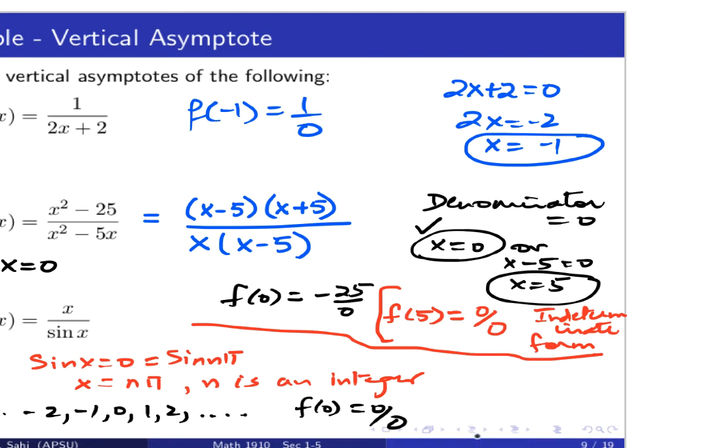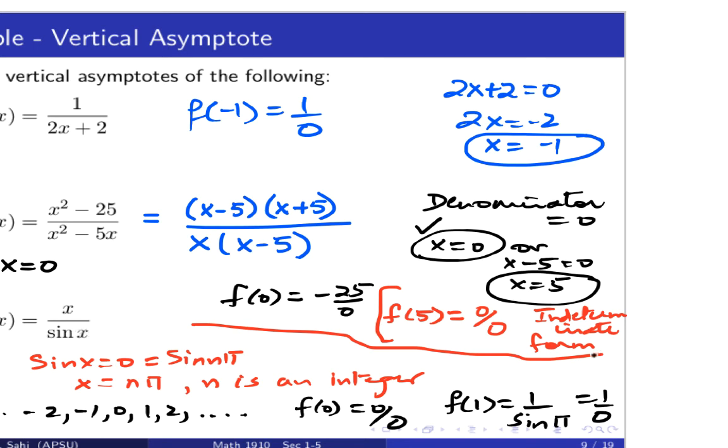That means it's indeterminate. An indeterminate form does not give us vertical asymptotes, guys, keep in mind. So if I put, say, f of 1, what happens? 1 over sine pi, 1 over 0. So if you notice, you plug in any other integer except 0, this function will have a vertical asymptote.